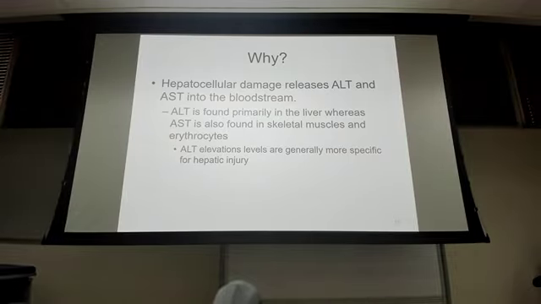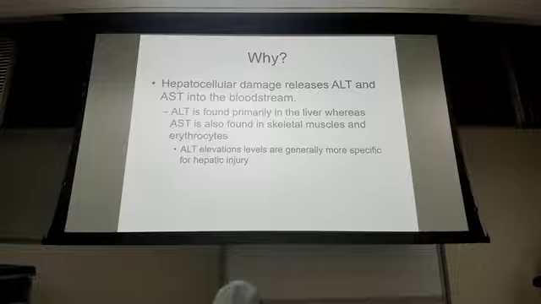Why is that? Well, when the liver cells are injured, they basically leak AST and ALT into the bloodstream. ALT is more specific for liver. The AST itself can be elevated by other causes like muscle injury, hemolysis, so red blood cell breakdown, but ALT is liver specific.